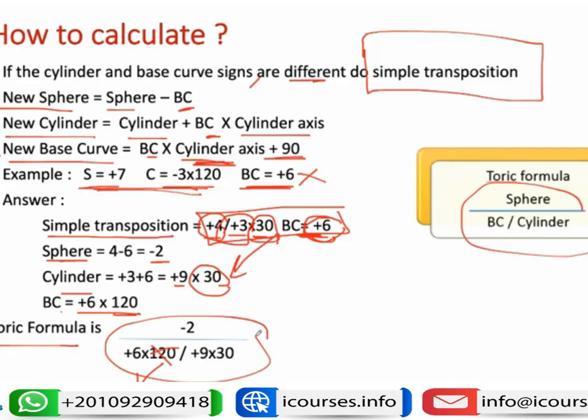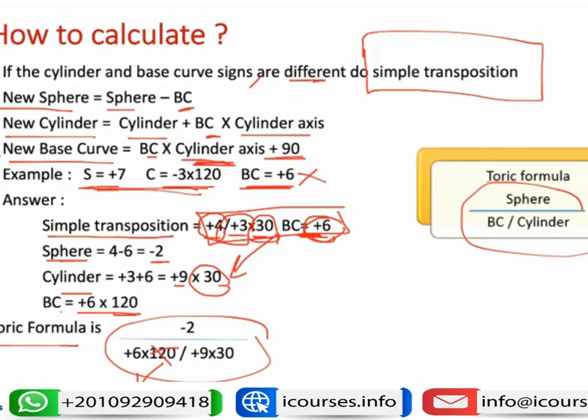So this needs a lot of practice. You need to make some examples for yourself. Just make up any figures, put any numbers as a sphere and the cylinder and the axis and the base curve, and practice a lot in order to memorize these steps: how to get the new sphere, how to get the new cylinder, and how to get the new base curve, because these rules will not be mentioned in the exam.